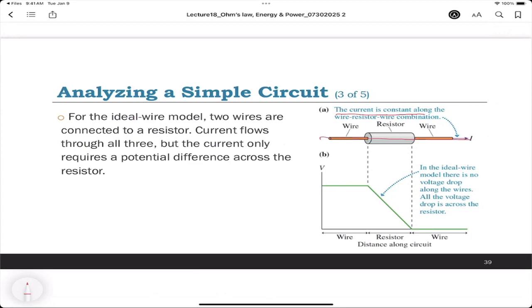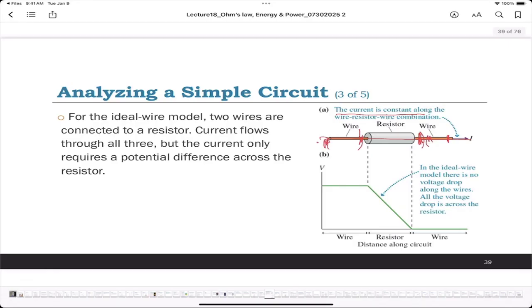From here to here, the current is the same. In the ideal wire model, there is no voltage drop along the wire, which means the voltage here and the voltage here are the same. Only from here to here is there a voltage drop. All the voltage drop is across the resistor. Does that make sense to you? Okay.